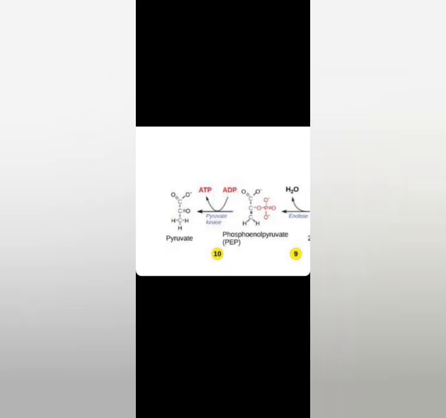In summary, steps 1, 3, and 10 are irreversible. In the second half of glycolysis, for each of these G3P molecules, you made 1 NADH and 2 ATPs. Does that make sense? Yes?